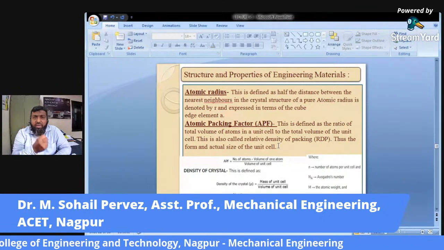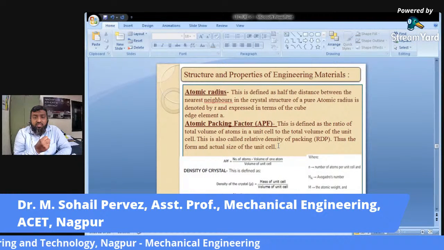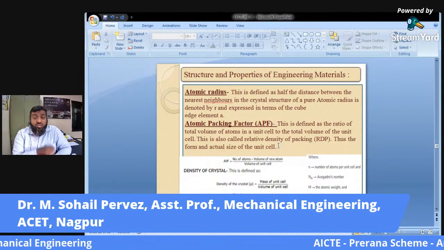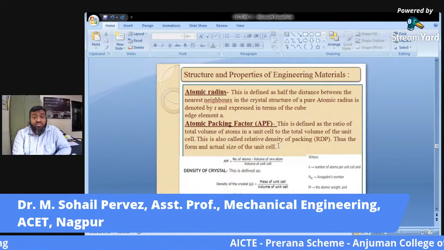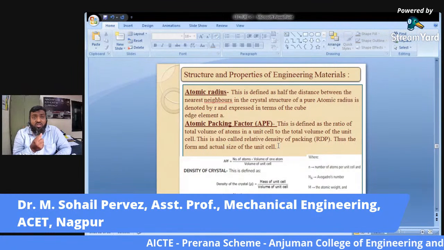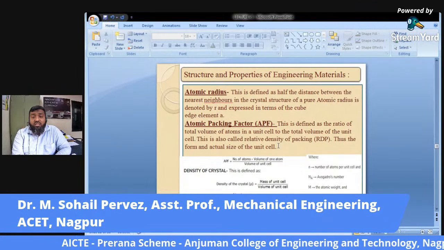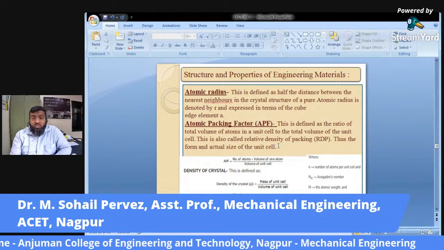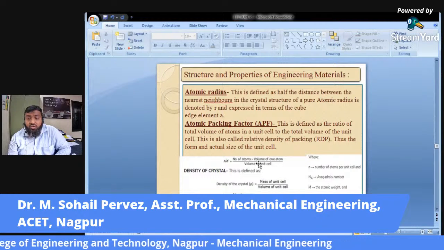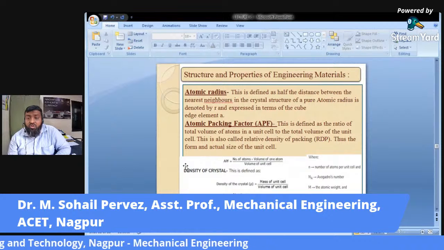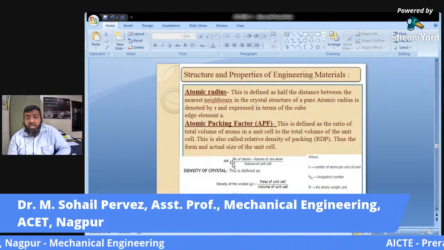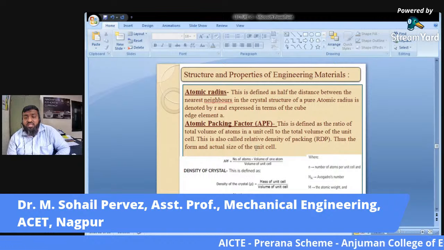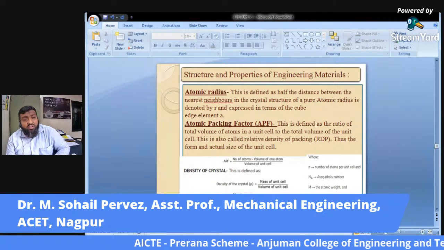Yes, how compact it is, how much total volume is there in the structure. So number of atoms multiplied by volume of one atom divided by volume of unit cell. So this is atomic packing factor, or rather more precisely relative density of packing factor or density factor.